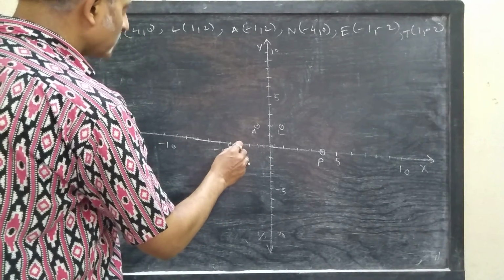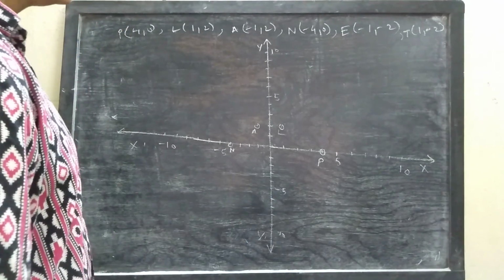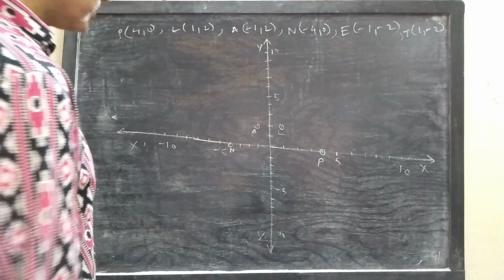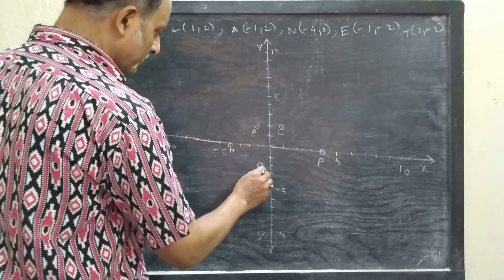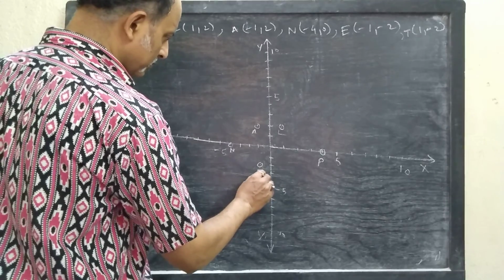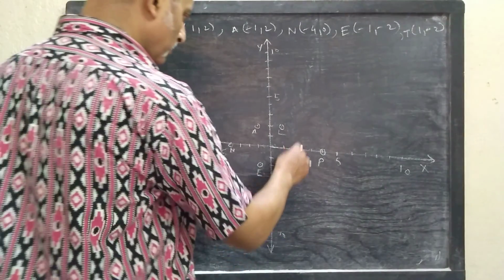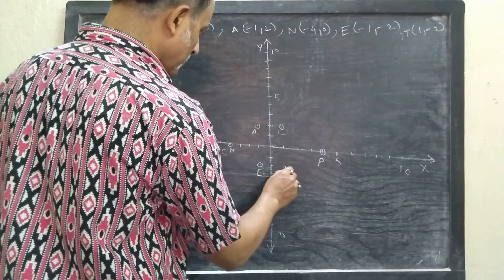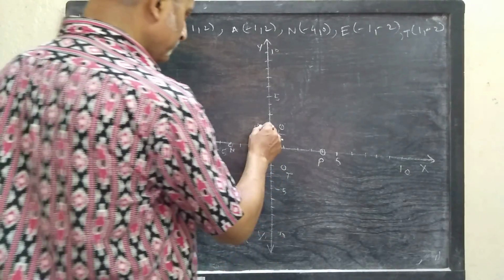This will be minus 4 comma 0. This is N. E minus 1 comma minus 2. Here will be E. T is 1 comma minus 2. T will be here. Now join them.